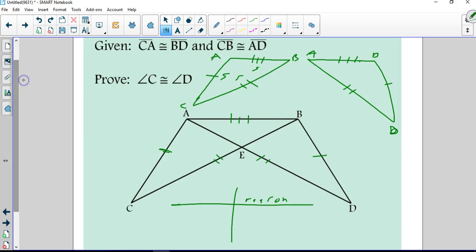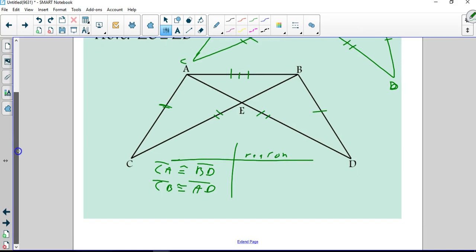So CA is congruent to BD, and CB is congruent to AD. And that's given. So there's two of our sides right there. Then we say that AB is congruent to itself by the reflexive property.